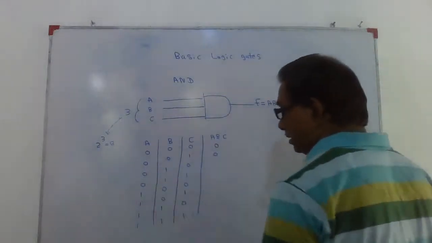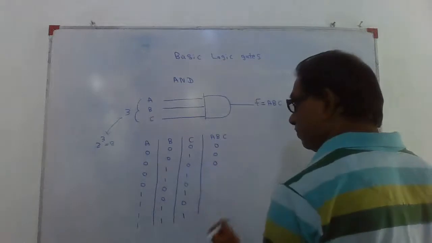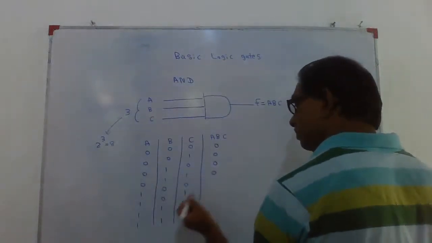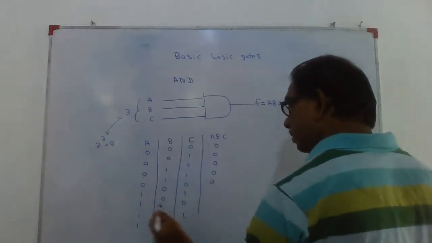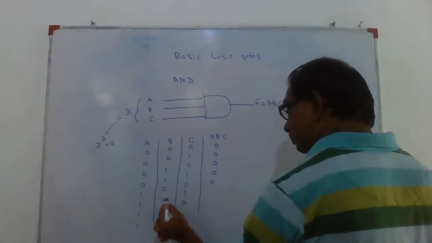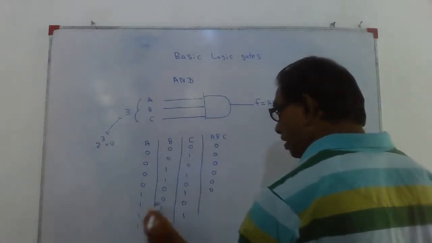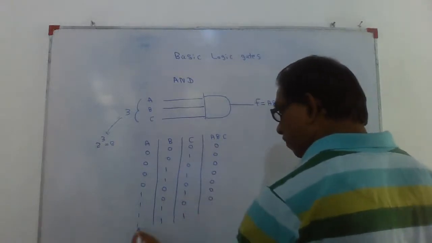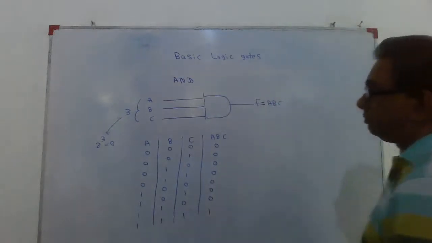Then 0 into 1, 0. 1 into 0, 0. 1 into 1, 1. 1 into 0, 0. 1 into 1, 1. 1 into 1, 1. This is the output.